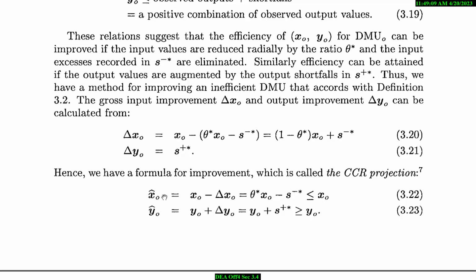It is obvious that the inputs are less than or equal to the inputs of the observed DMUO, and the outputs are bigger than or equal to the observed outputs.